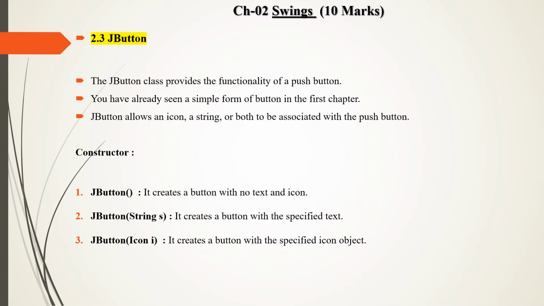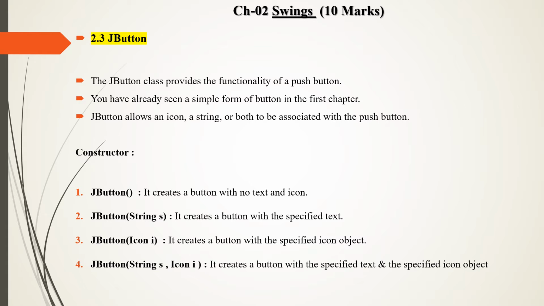The third constructor also has one parameter, an object of Icon, ImageIcon, and it creates a button with a specific icon object. And the last constructor has two parameters, a String and an Icon. It is used to create a button with specific text and a specific icon object. Icon is another class used to create the image object, and we can insert the image by using that class. So these are the constructors of the JButton class.